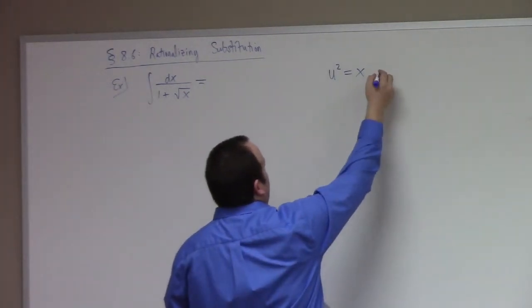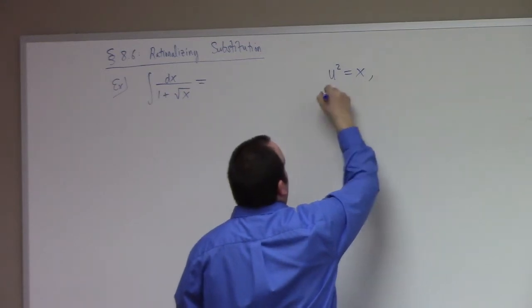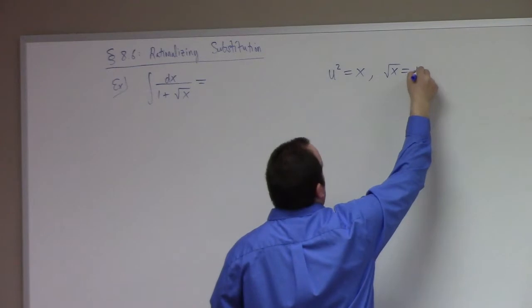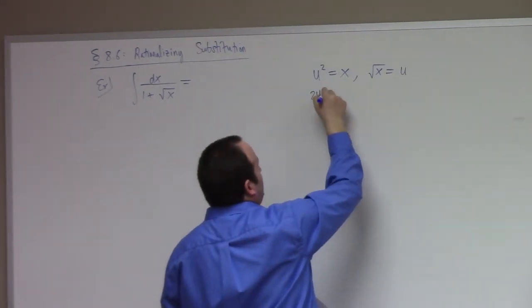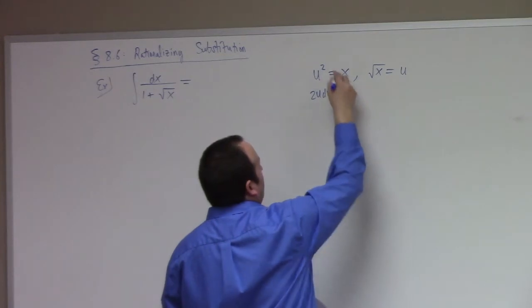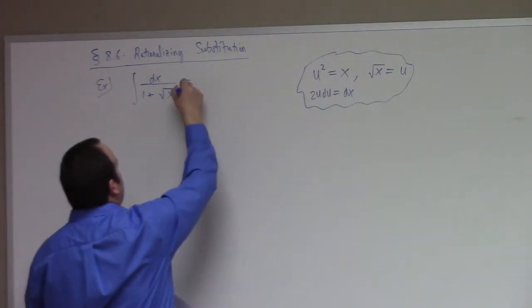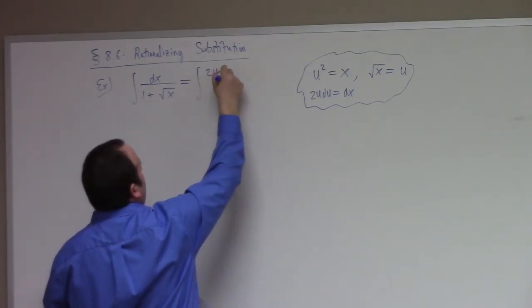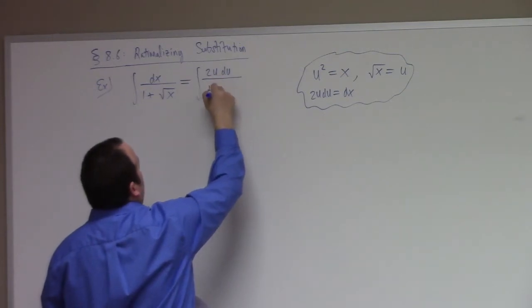Now, once I say this, what does this make the square root of x equal to? u, right? And we also have 2u du is equal to dx. So with that substitution, what do we got? We've got 2u du divided by 1 plus u.